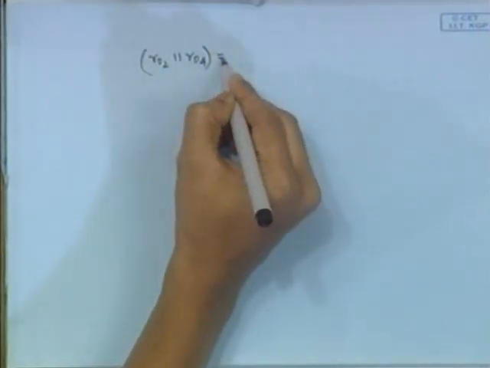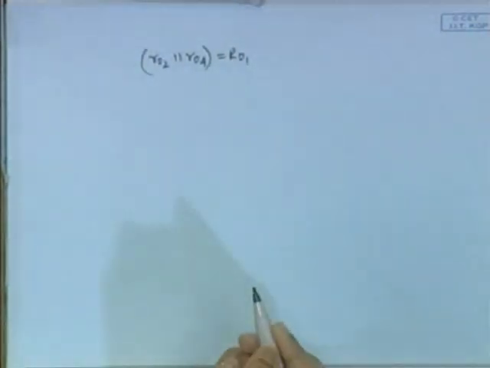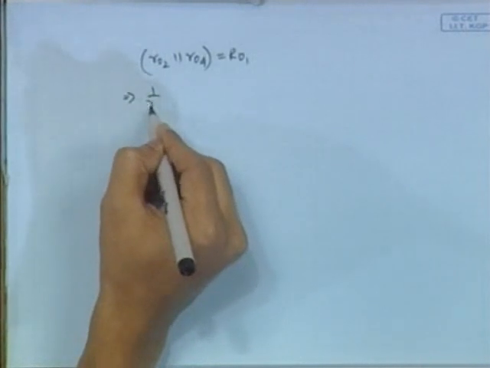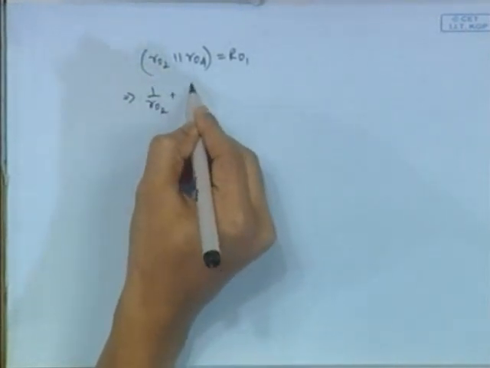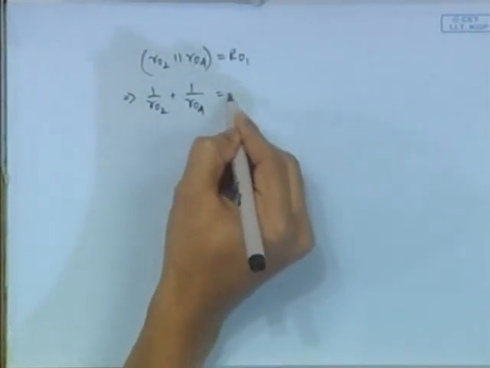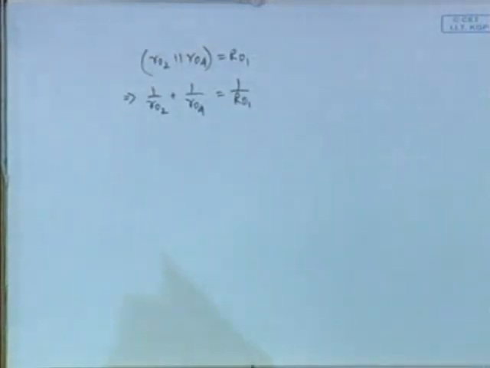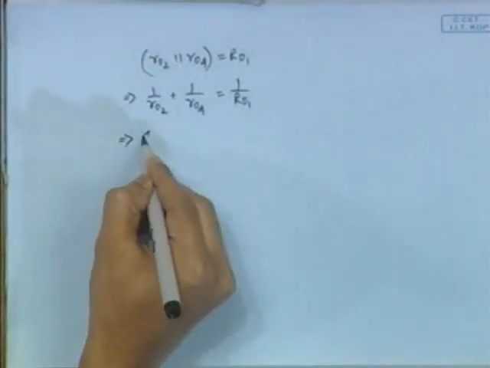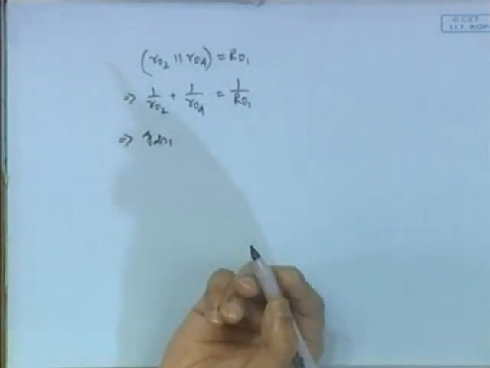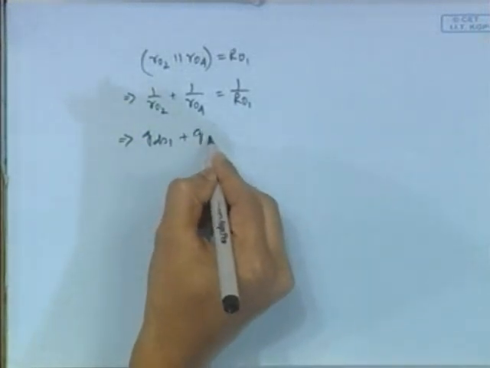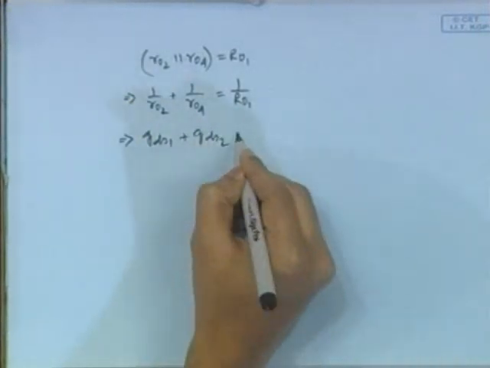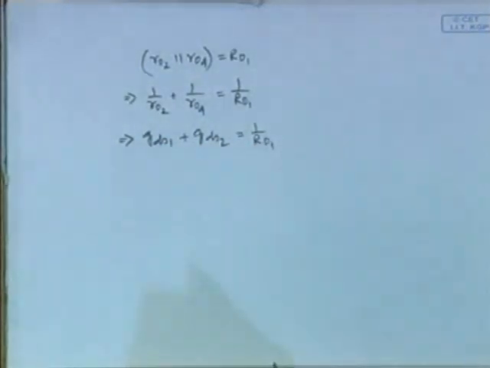What is this? 1 by R02 plus 1 by R04 equals GDS1 plus GDS2, which is equal to 1 by capital R01.